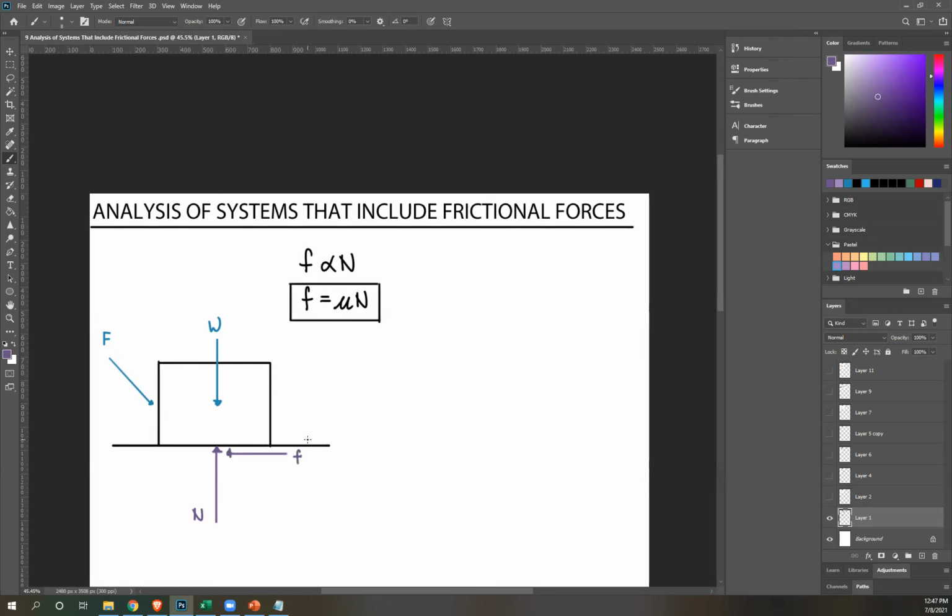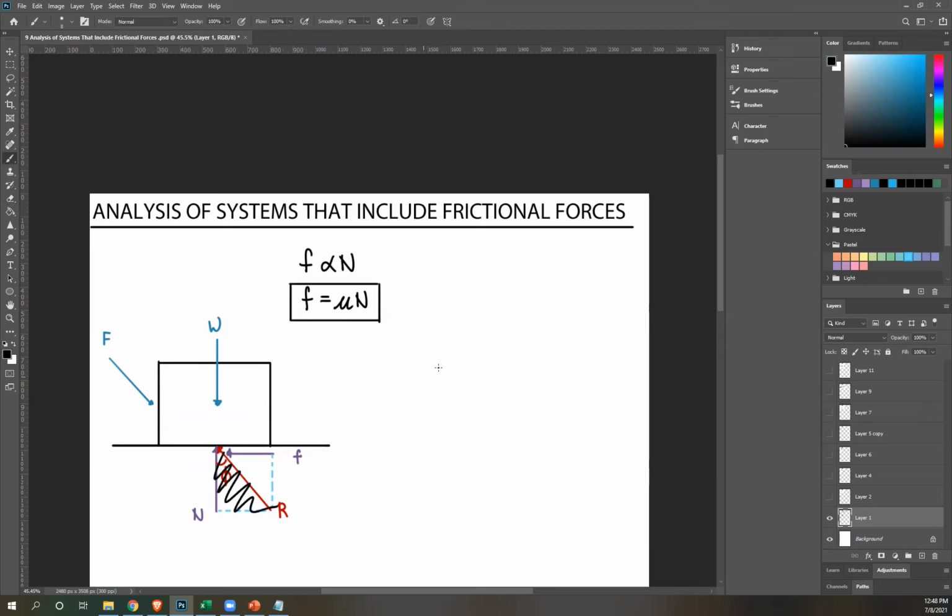Okay, so these two forces create a resultant. The direction of the resultant is somewhere here. Again, this R is the resultant of your normal force and your frictional force. And the angle between them, this is your phi. Whenever you have a resultant, remember, it creates a right triangle.